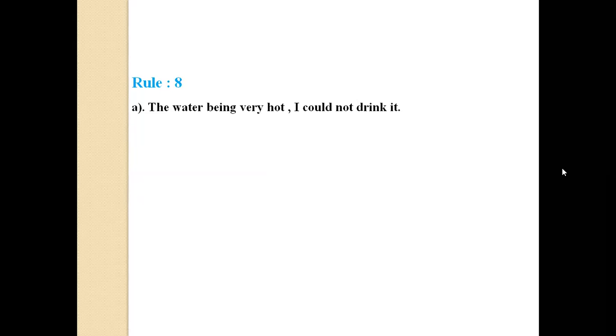In this case, use since at the beginning of the sentence, then the subject water, then was instead of being, because this is an example of past tense. So use the be verb of past tense, which is was, and then the rest of the sentence. So the answer is: since the water was very hot, I could not drink it.